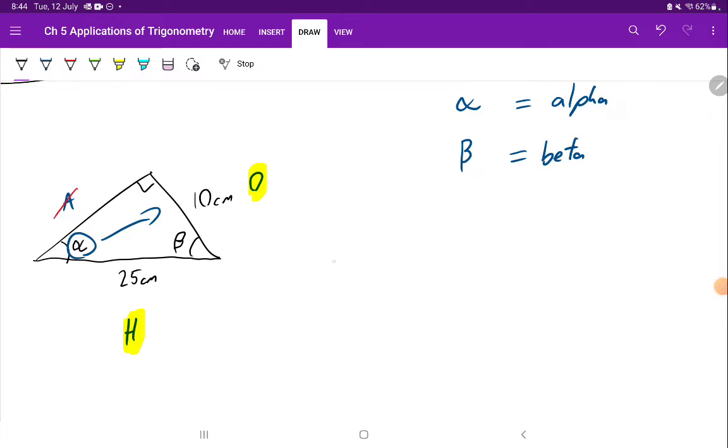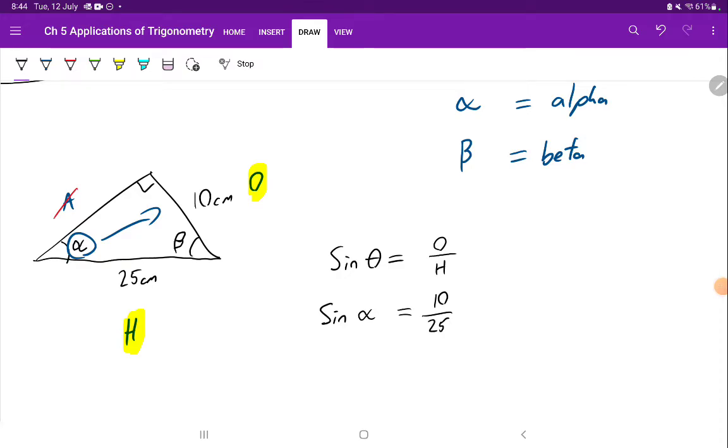O and H, that's sine, SOH. So sine of theta equals opposite over hypotenuse. We don't know the angle, so I'm going to write sine of alpha. If you're not very good at writing alphas, you could write just a little a. That would be fine. My opposite is 10, and my hypotenuse is 25. You'll notice we're going to have to undo that sine.